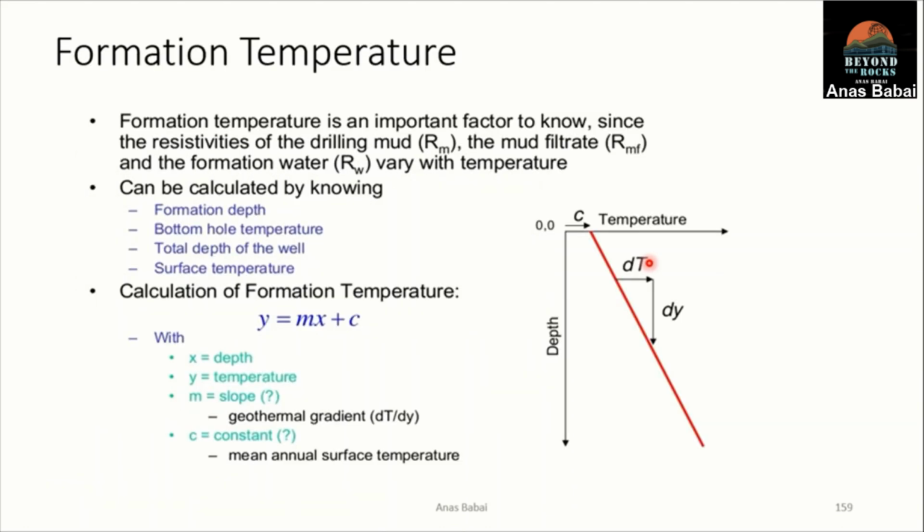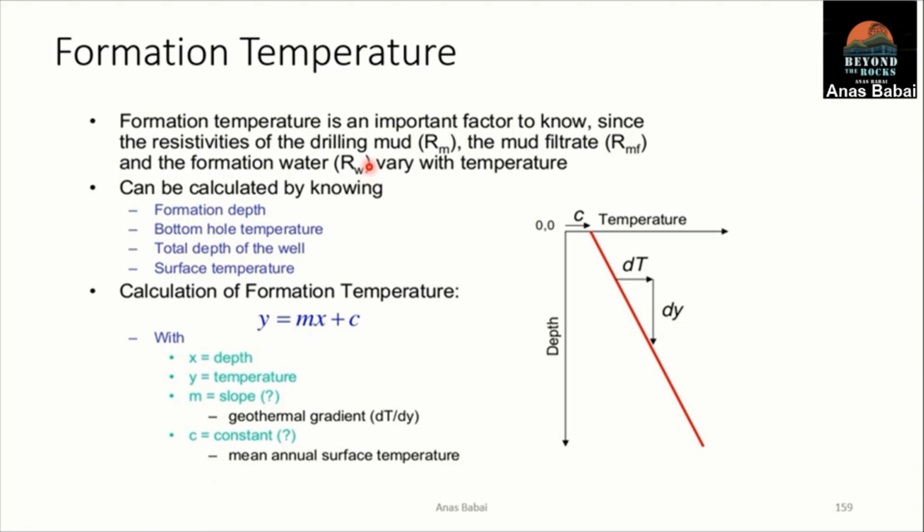Now, how can we change this resistivity from room temperature to the formation temperature? For that we need to calculate the formation temperature, and this correction is mostly done for most of the porosity, RM, resistivity of mud, resistivity of mud filtrate, and even resistivity of water.